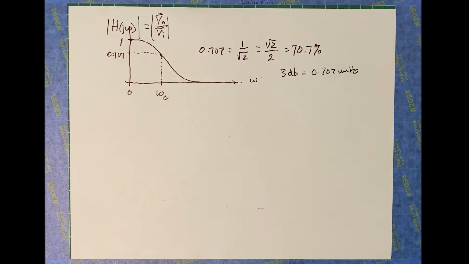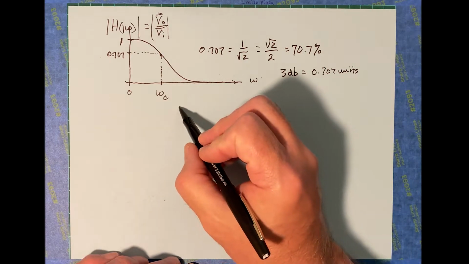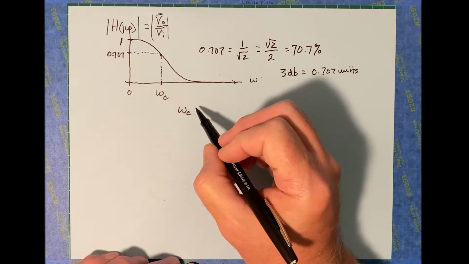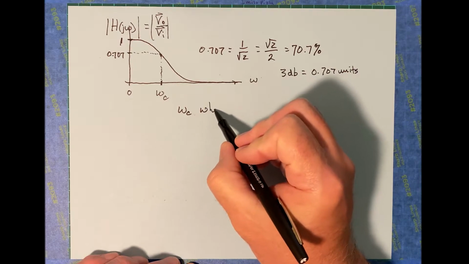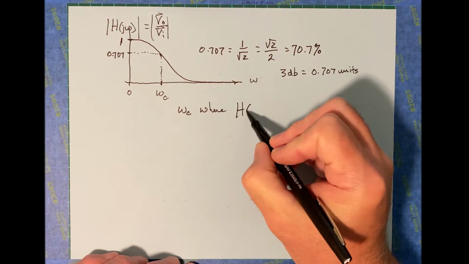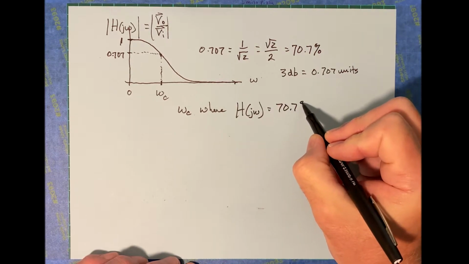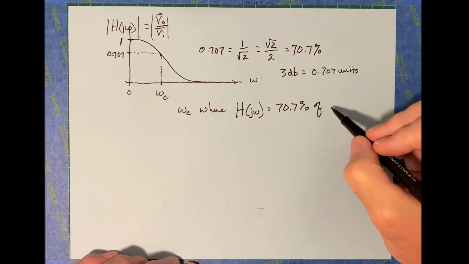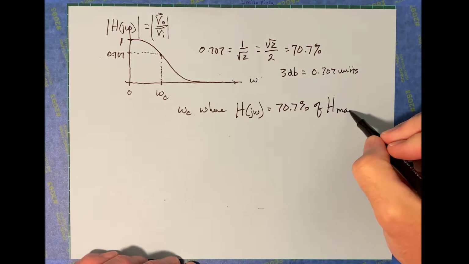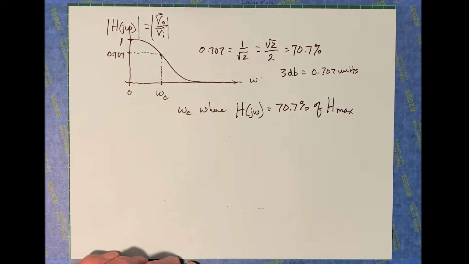All right, well, cutoff frequency is omega sub c. So omega sub c is where H of j omega is equal to 70.7% of whatever H max is. Okay, transfer function max.